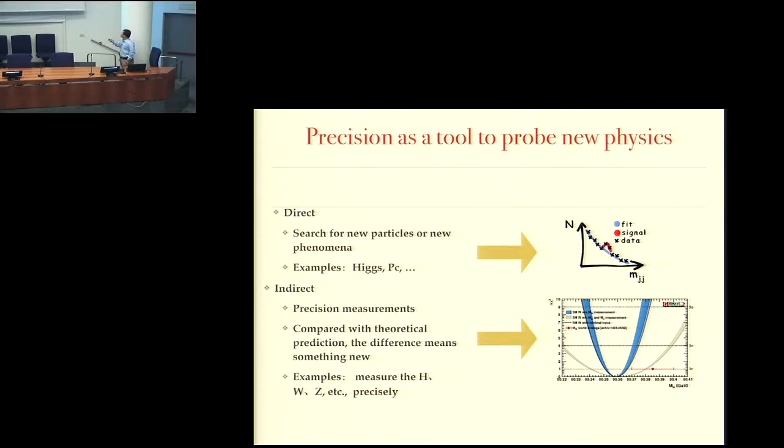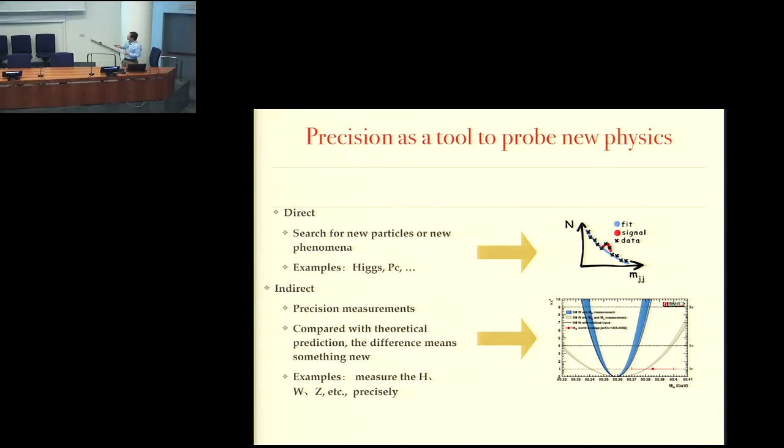First, I'll give an introduction for this kind of e+e- collider. The e+e- collider exists as a precision machine because we have 2 ways to search for new physics. One is direct: search for new particles or new phenomena, something like the Higgs and multi-quark states. The indirect way is the e+e- collider.